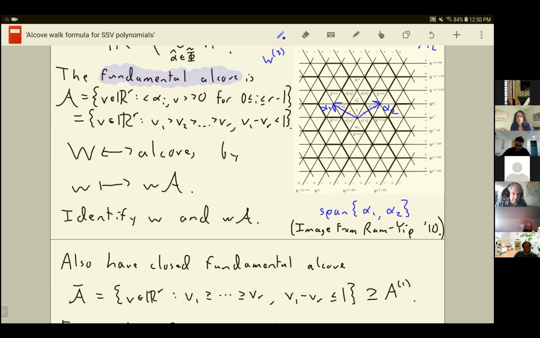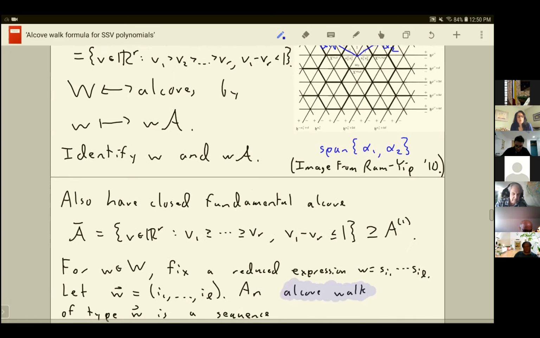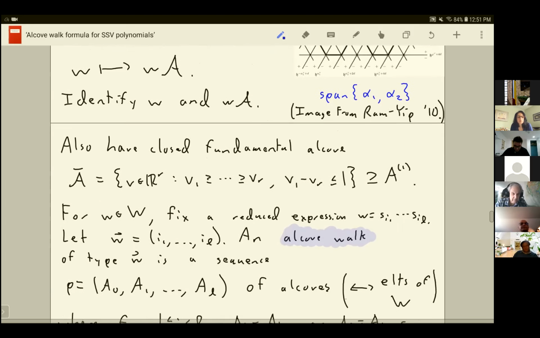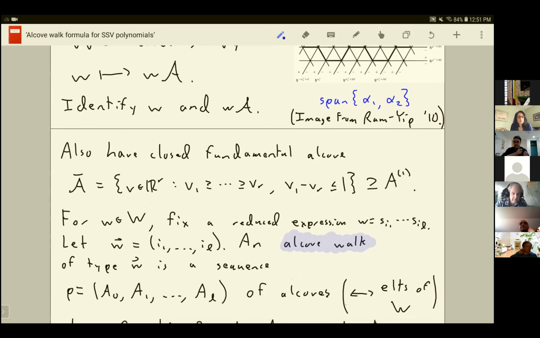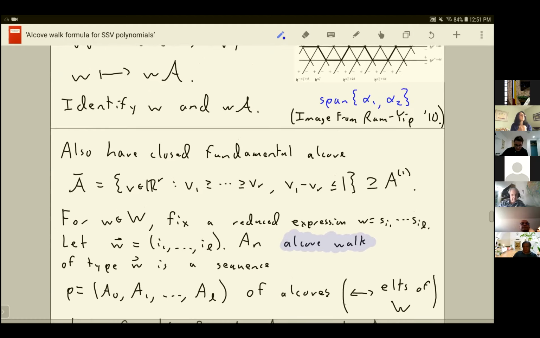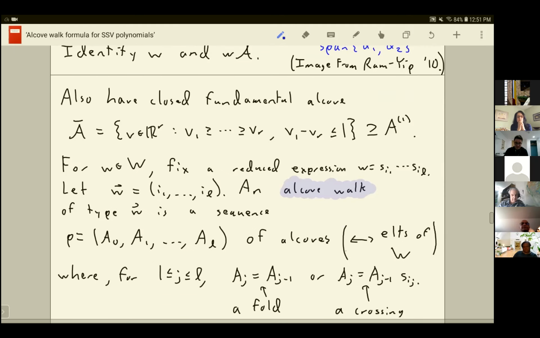So now that we have alcoves, we can talk about alcove walks. What I want to do is take some Weyl group element W, give it a reduced expression like this, and then I can study alcove walks of type W. What they are is sequences of alcoves, or equivalently sequences of Weyl group elements, that have the following form.